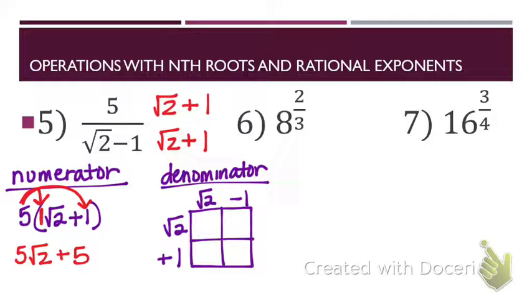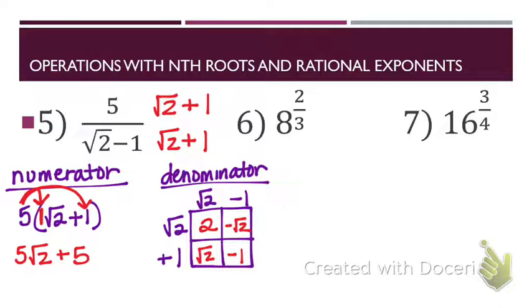So now let's fill in our 4 squares. We have the square root of 2 times the square root of 2, which is just the square root of 4. And what is the square root of 4? 2. In this box, you have a negative 1 root 2. You don't have to put the 1, but you can. In this box, you have a positive root 2. In this last square, you have a negative 1.